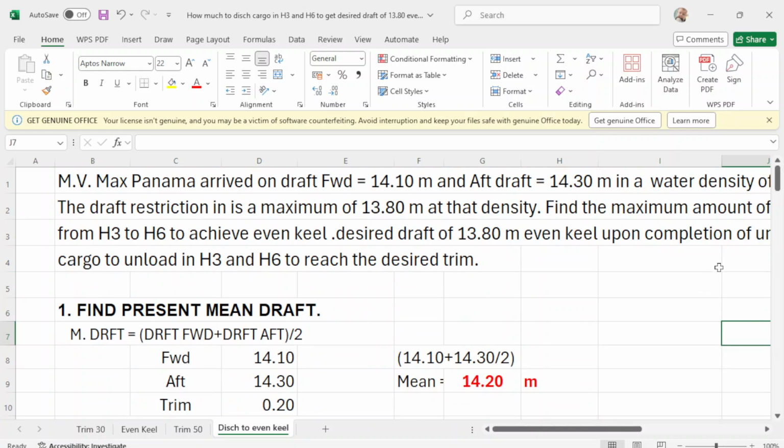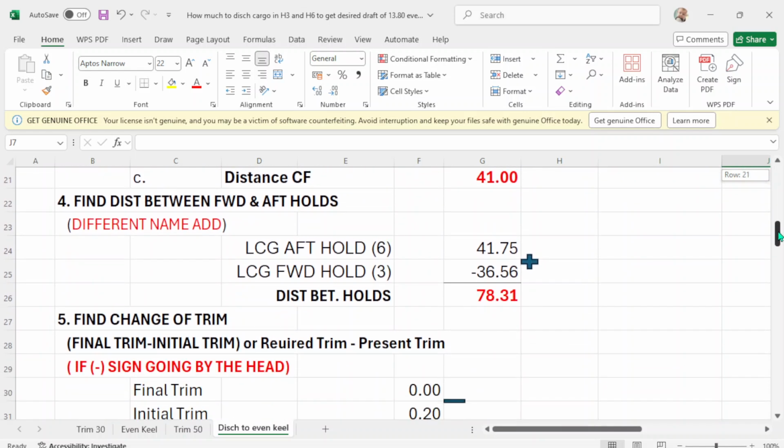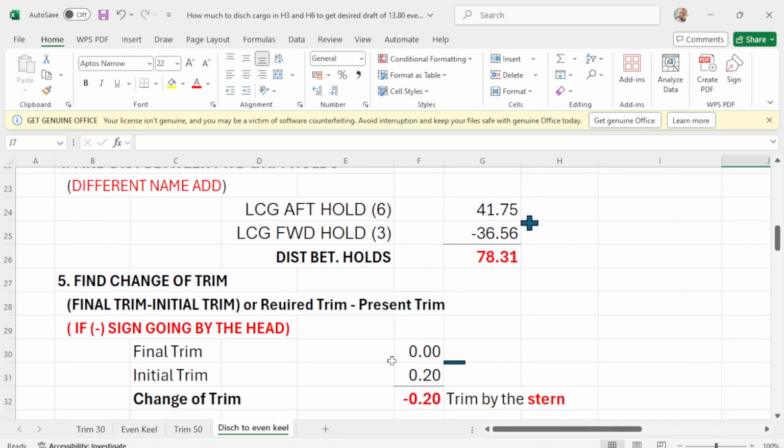Your target trim is 0 because this will be your drop of 13.80, if you remember, and this will be 14.20.